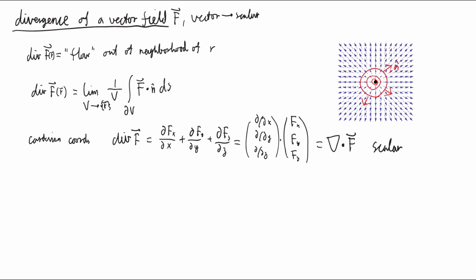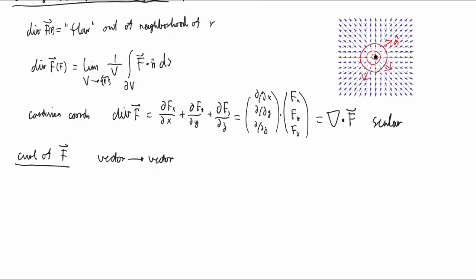All right. The next important thing is the curl of a vector field F, and it takes a vector, the vector F, and it generates a vector. So the gradient goes from a scalar to a vector, the divergence goes from a vector to a scalar, but the curl of F goes from a vector to another vector.